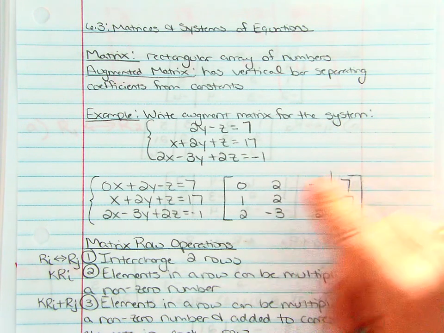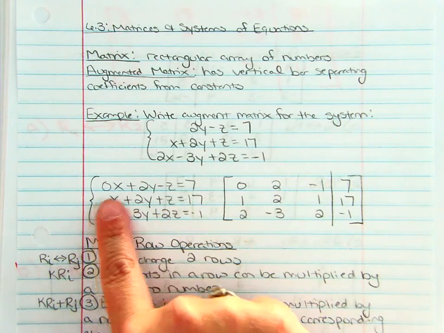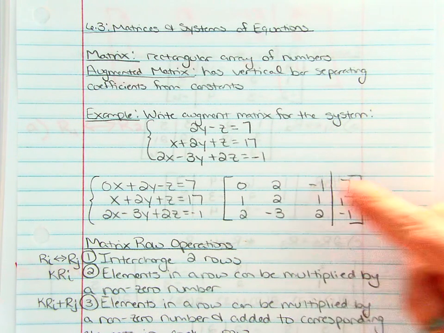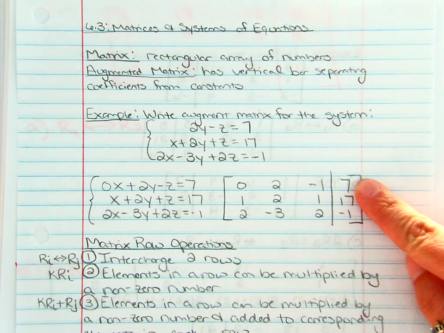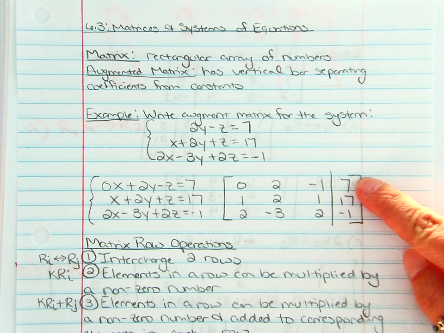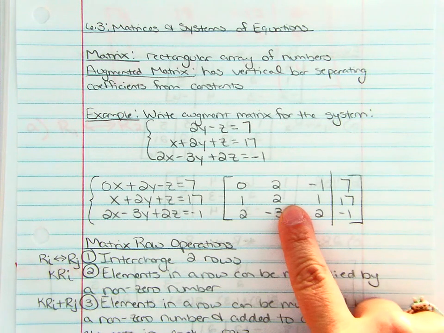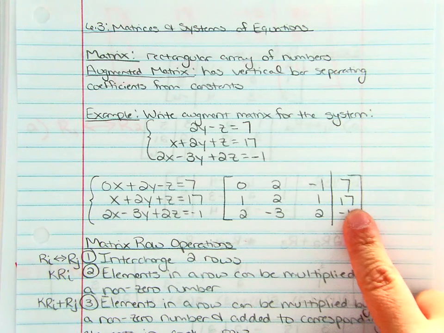So this first row actually represents this first equation, where I have my x, my y, my z term, and my constant. And then I do the same thing for my second equation, where I have my x, my y, my z, and my constant.